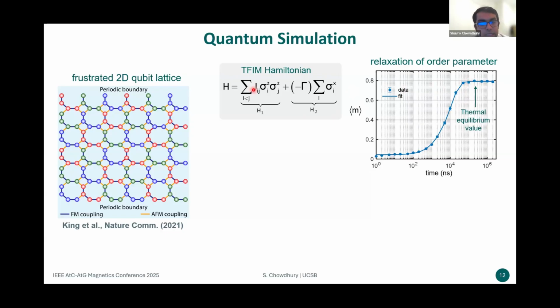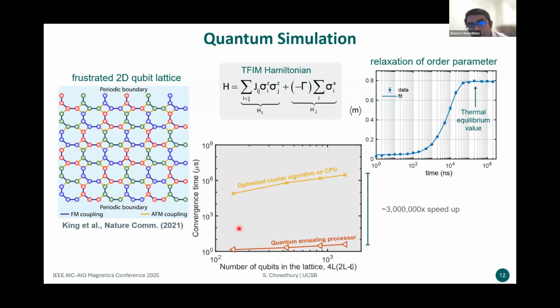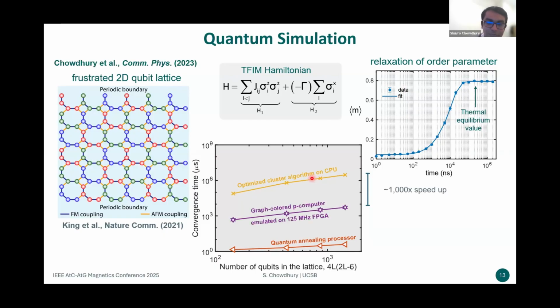In this paper, the DOF claimed that they have a 3 million x improvement over the classical optimized algorithm for this problem. And then we came in and used our probabilistic computer to challenge this somewhat. We are not a probabilistic quantum computer, we do not have qubits, but we wanted to see what we can do. So it was a fun project.